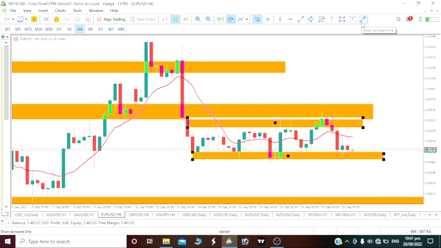But the goal is that this Euro USD will drop to our lowest point here, thereby grabbing 100 pips. But our time frame still says we are ranging, so we would want to range with it.